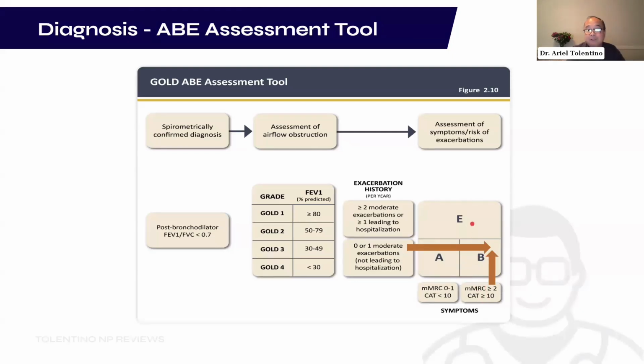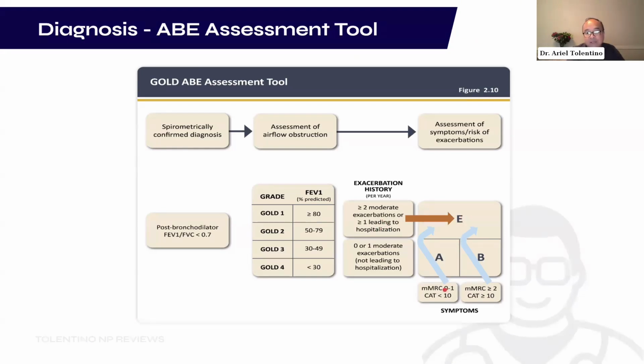Okay. Now, the E grouping category is solely dependent on your exacerbation history and hospitalization. If the patient has greater than or equal to 2 moderate exacerbations in the previous year, or any of those moderate exacerbations have resulted in 1 or more hospitalizations in the previous year, that would be an E. Okay.